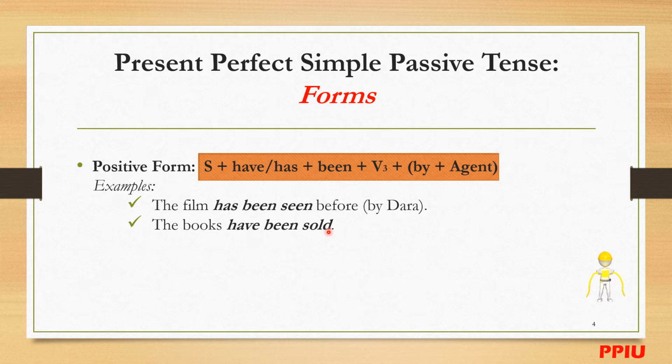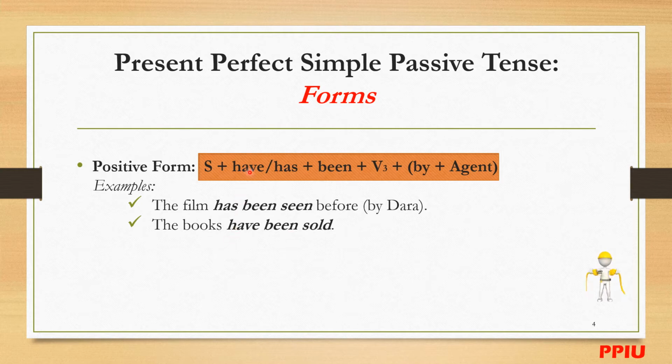The books have been sold, right? The books is the subject. Have, why do we use have here? Seeing books with s, so it's plural, right? So plural. If we use a subject pronoun, we just use they. They have been sold, right?